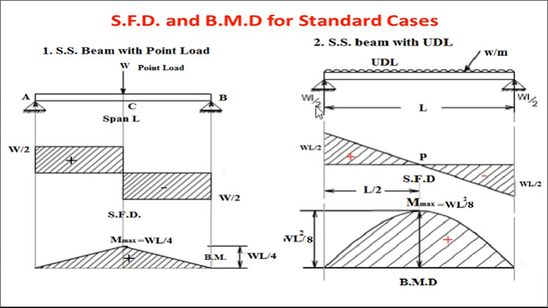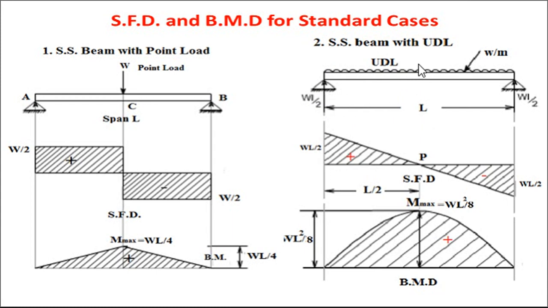And if you take moment at the center, WL by 2 into L by 2 up to the center will be the moment of this reaction. Then you deduct the UDL: W into L by 2, acting through half of that distance, L by 4. The reaction rotates clockwise and the UDL rotates anticlockwise.